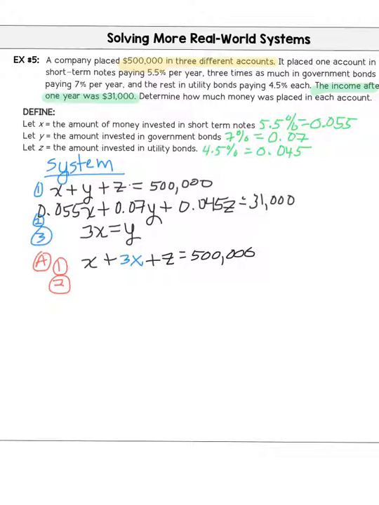Then for equation 2, I have 0.055 x plus 0.07, and instead of y, I'm replacing it with 3x, and then plus 0.045 z is equal to 31,000.